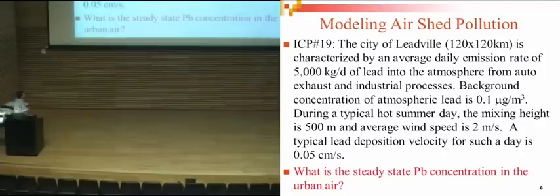Background concentrations of lead we're going to be given at 0.1 micrograms per cubic meter. Now, during a hot summer day, we have a mixing height of 500 meters and a wind speed of 2 meters per second. So you'll see when we set up the box model, those are variables that we need to look at a mass balance and a flow of air through a given control volume.